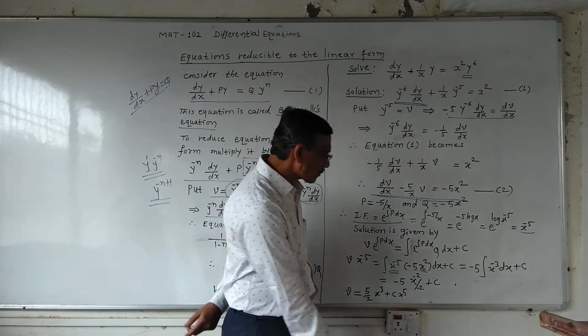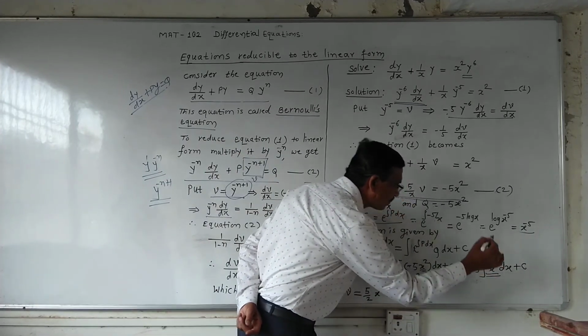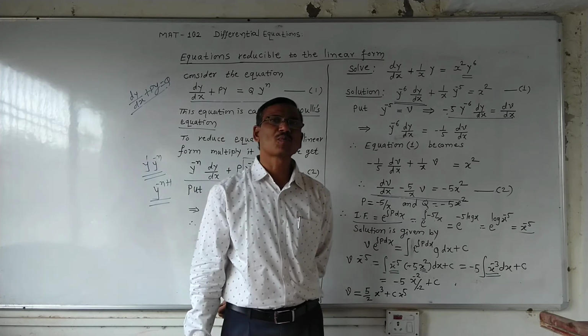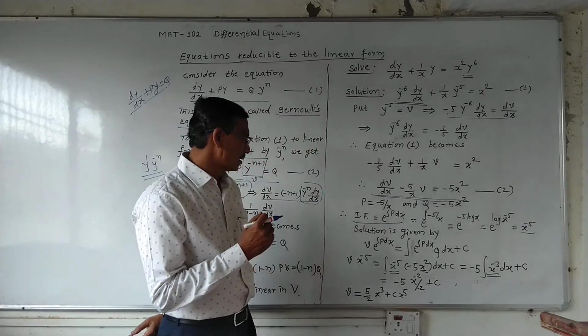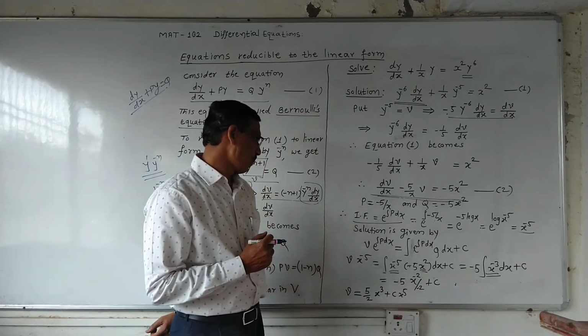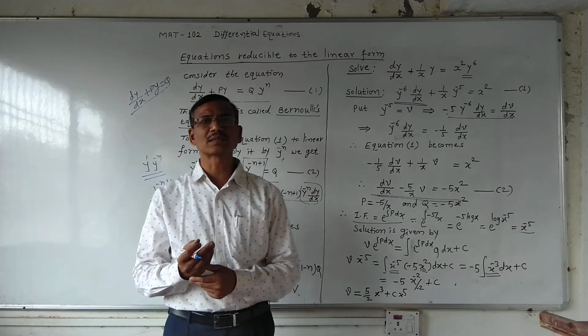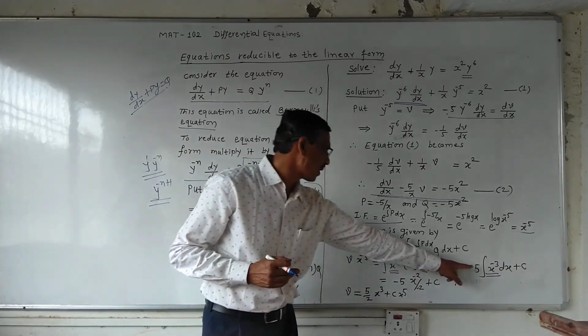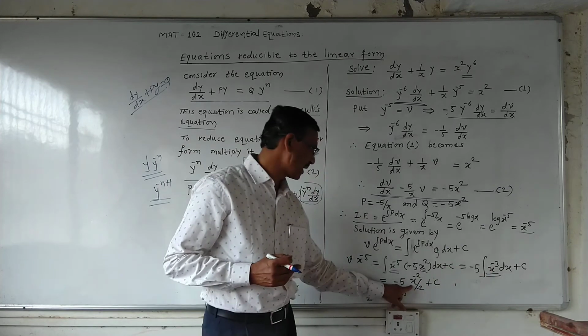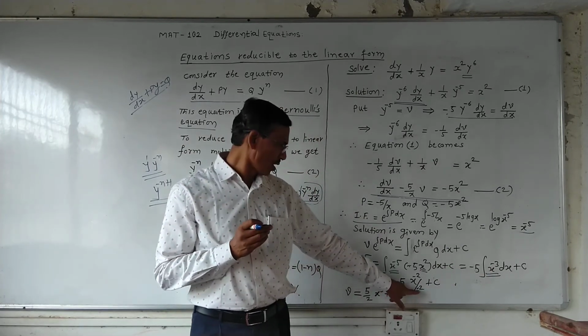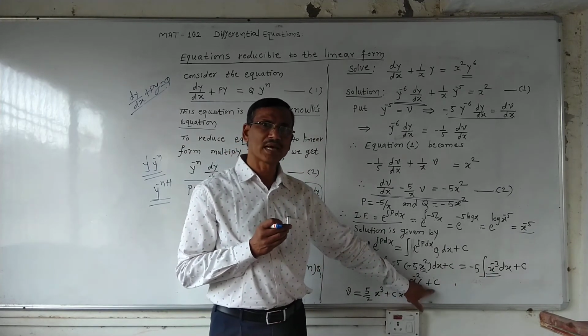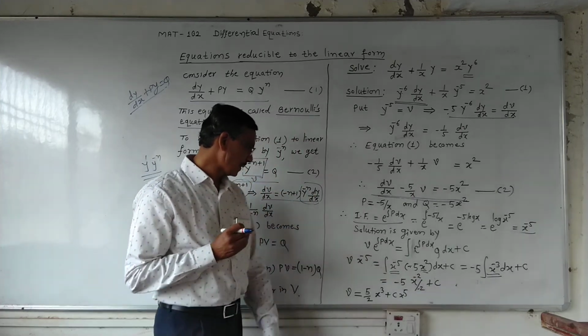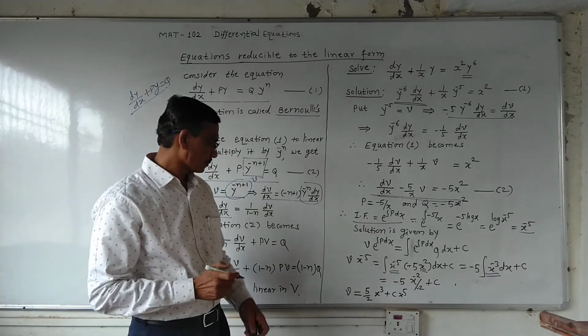Then what is the value of this integral? x raised to minus 3 becomes x raised to minus 3 plus 1, that is x raised to minus 2. The value of this integral is minus 5 into x raised to minus 2 upon minus 2 plus c.